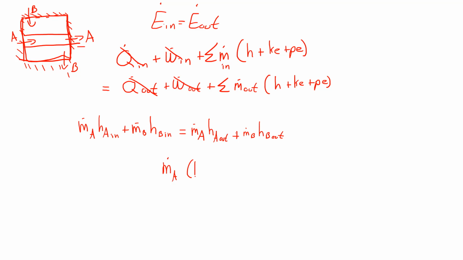Mass flow rate of A times the enthalpy in minus out of A equals the mass flow rate of B times the enthalpy out minus in of B. So again, all this is just applying the same first law form for steady flow systems and basically just crossing out the terms that don't belong.